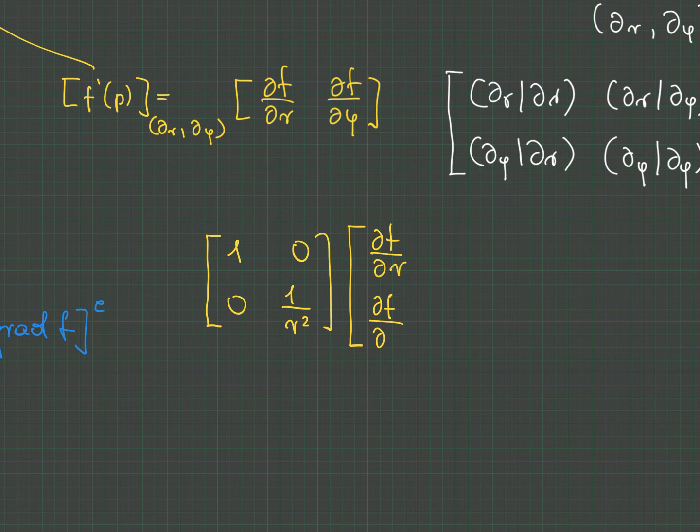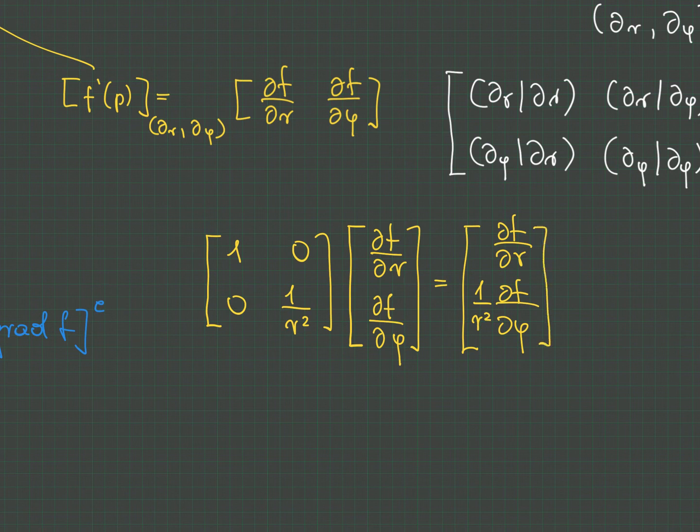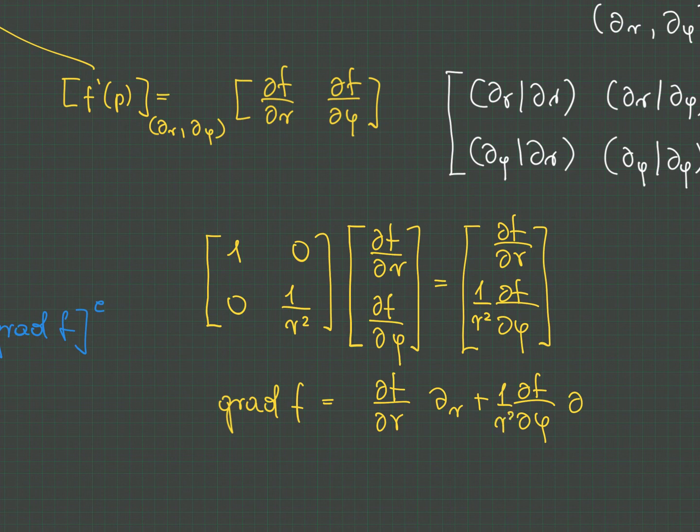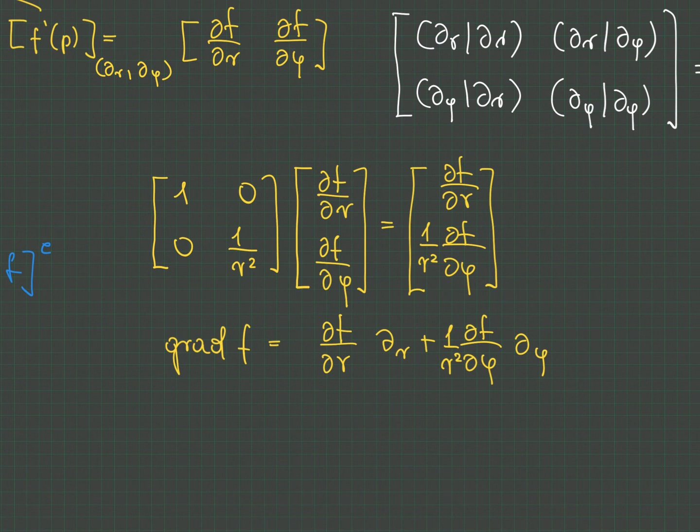Here is r, here is phi, and what I get is df/dr and df/d phi multiplied by 1 over r squared. So my gradient in polar coordinates is df/dr dr plus df/d phi 1 over r squared d phi. So this is the gradient in polar coordinates.